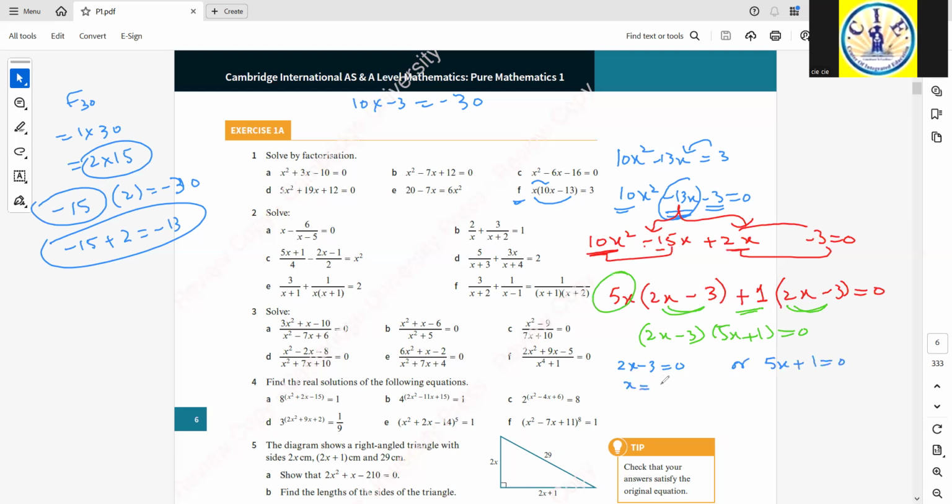From here, I can have x equals to 3 by 2, and from here, I can have x equal to negative 1 by 5. So that can give me 1 whole 1 by 2 and negative 1 by 5. So that completes part F as well. That was question number 1.